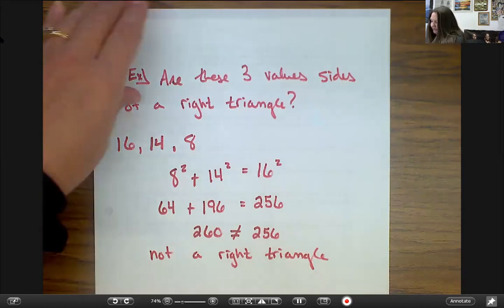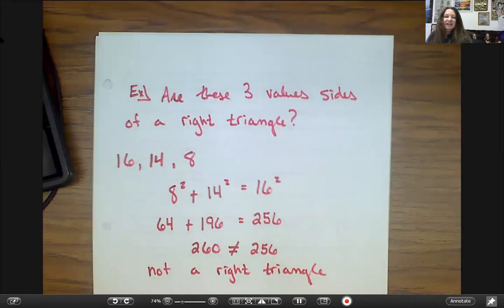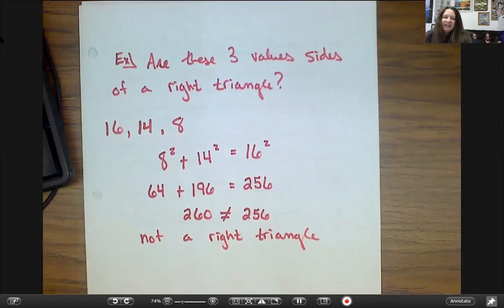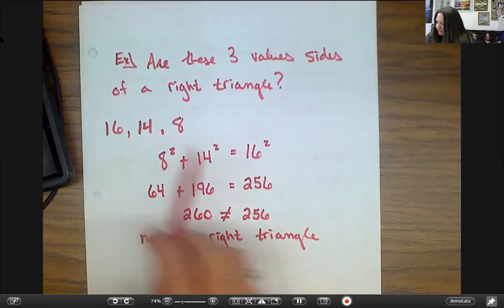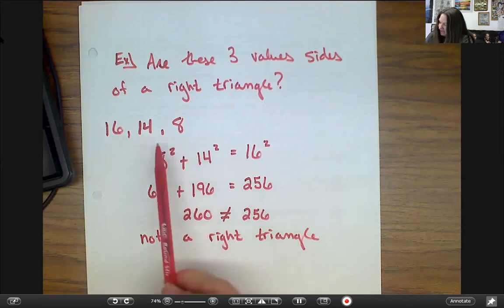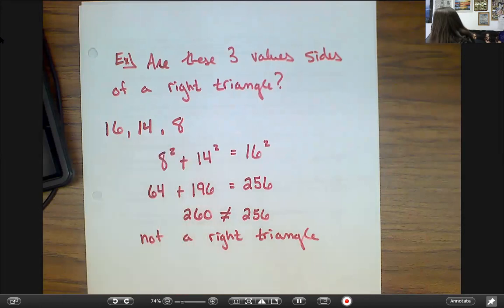Now, here's one question that comes up every now and then. We might want to know, are these three values sides of a right triangle? Could they be used to create a right triangle? Well, what we could do is test out those lengths within our problem. So in this case, we have 8 squared plus 14 squared equal to 16 squared.